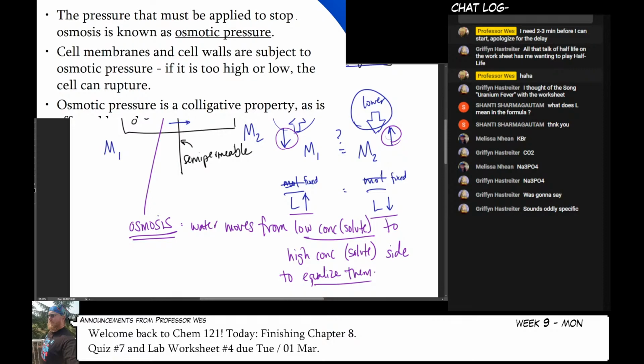And if that pressure pressing inward on them is too high or too low, something will happen to the cell. There is an ideal equilibrium where it's just right in the middle. But if you hydrate something too much or dehydrate it too much, the pressure on the cell wall or cell membrane can cause a rupture. And that's obviously very, very bad.